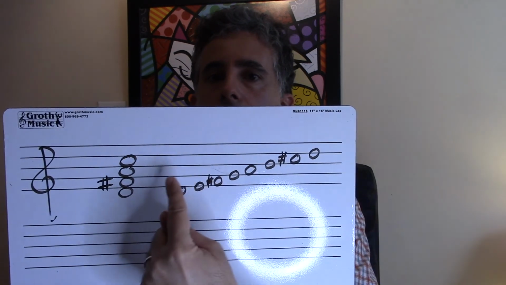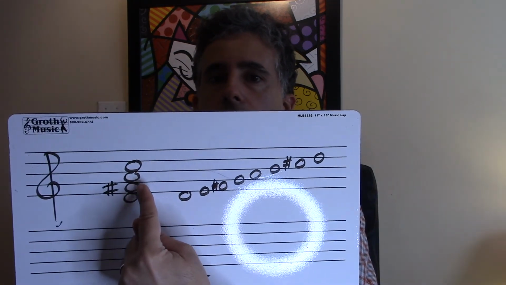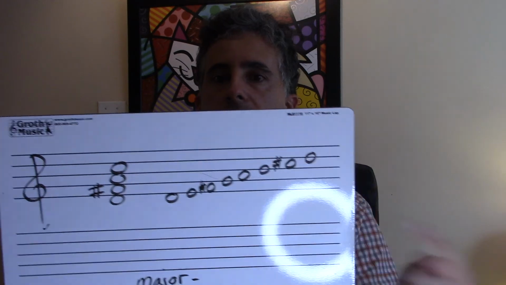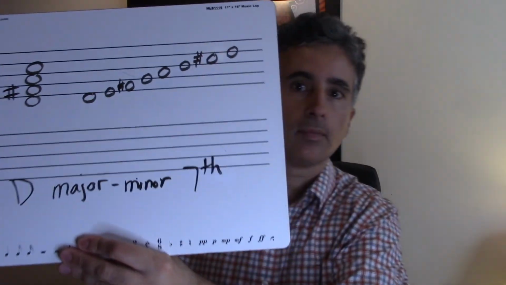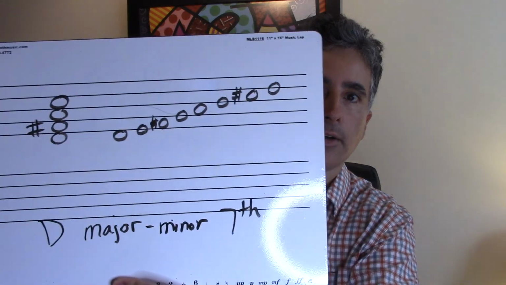But this is not a C sharp. This is a C natural. So therefore, the 7th is not a major 7th. It is actually a minor 7th. So here is the answer: D major minor 7th.